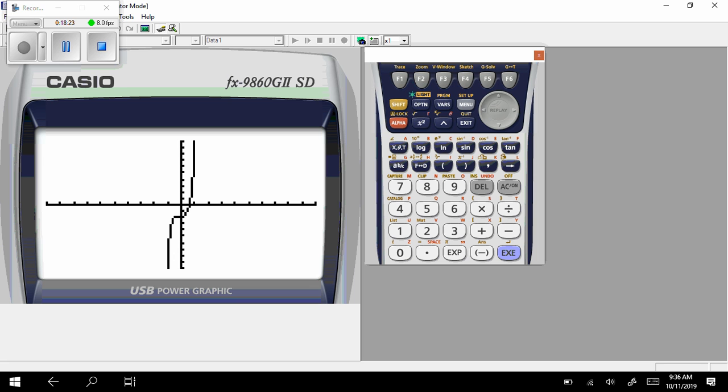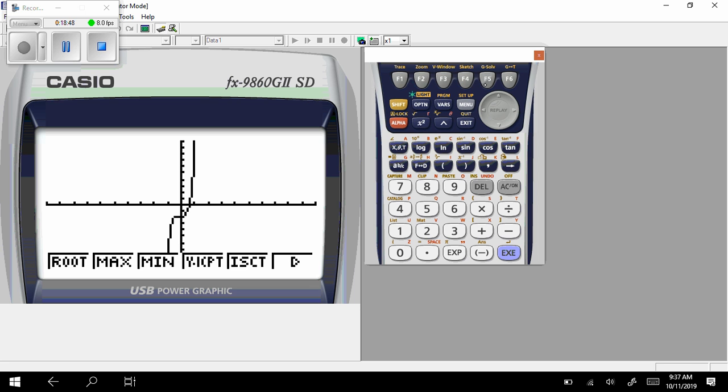So calculate or approximate the relative minima and relative maxima. Minima would be the bottom, so where it turns around on the bottom. Maxima would be the top, where it turns around at the top. So right here looks like that might be a max, and over here looks like that might be a min, maybe.